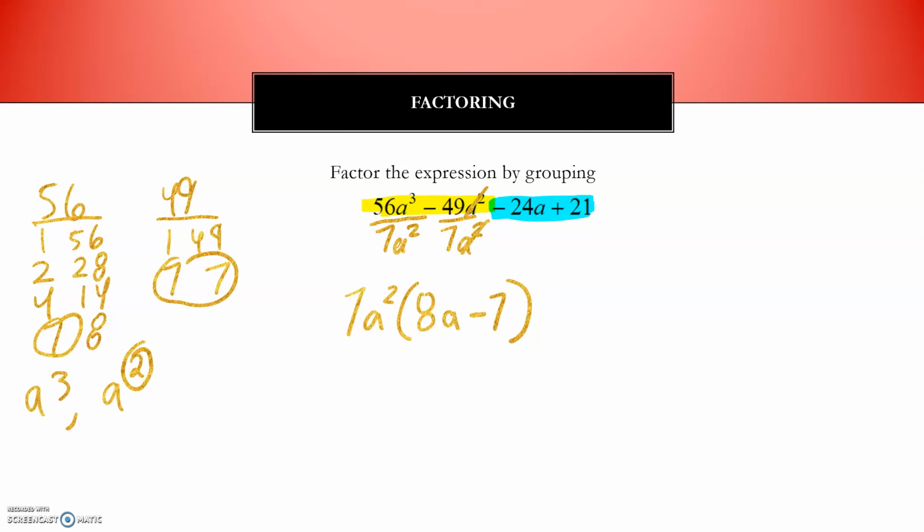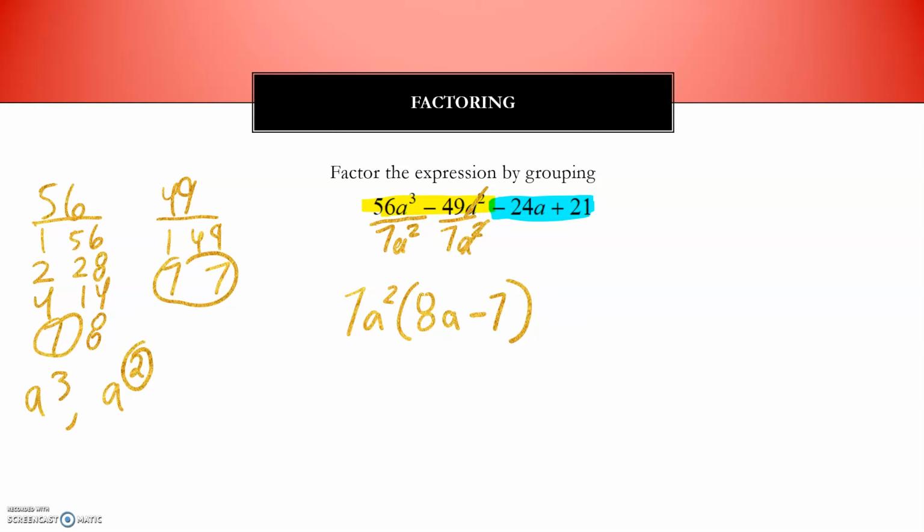Well, the GCF part, if you didn't do it correctly, you'll find out at the end, and I'll show you how that works. If you divided incorrectly, though, you would know right away also because you couldn't get back to what you started with. So let's just check mentally. 7a squared times 8a. 7 times 8 is 56.